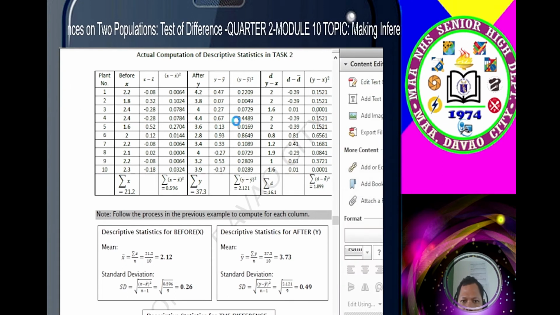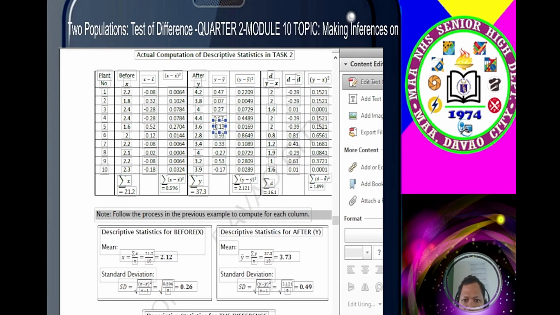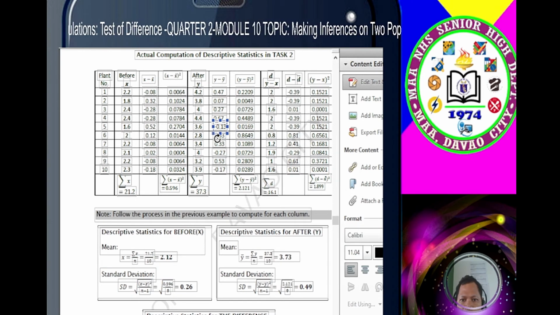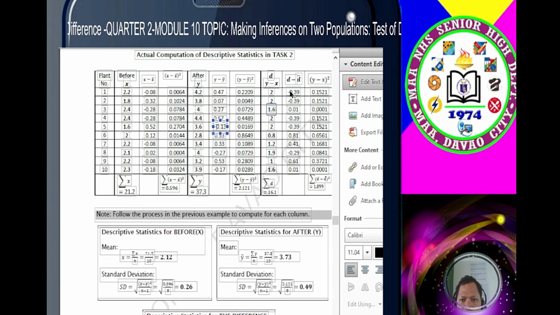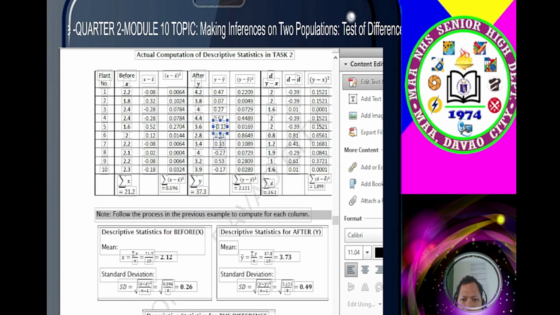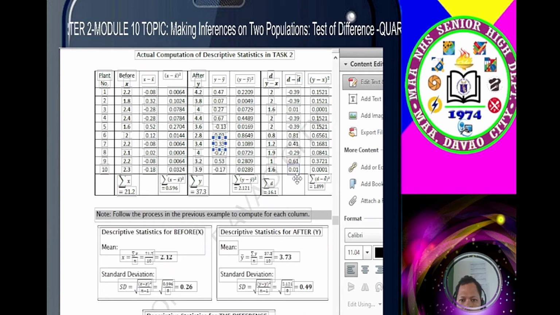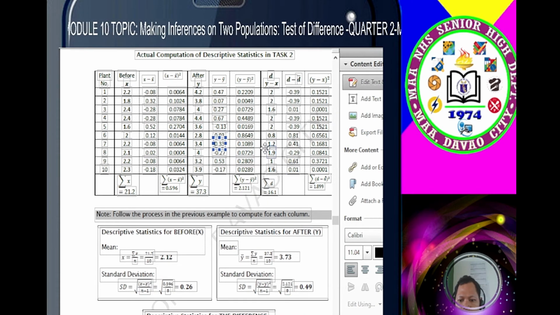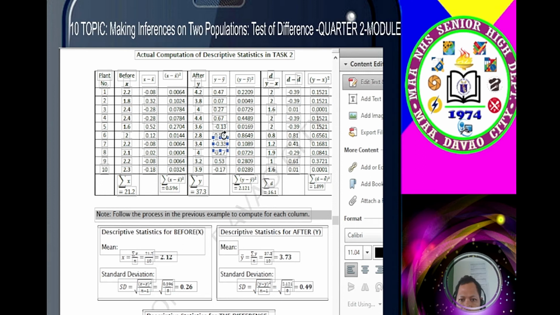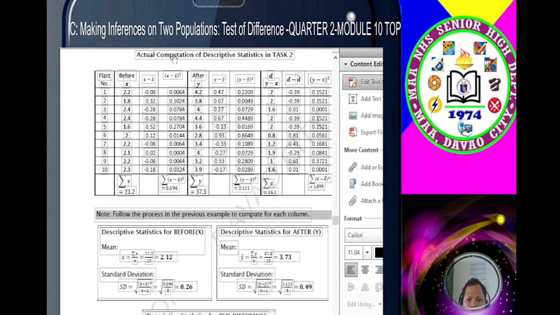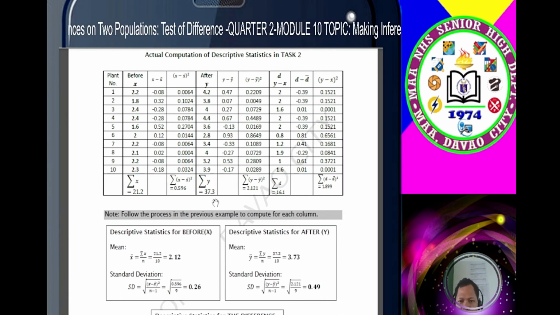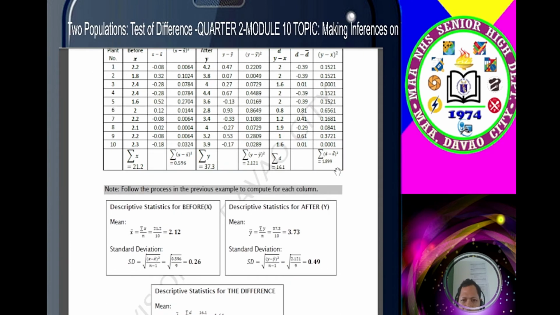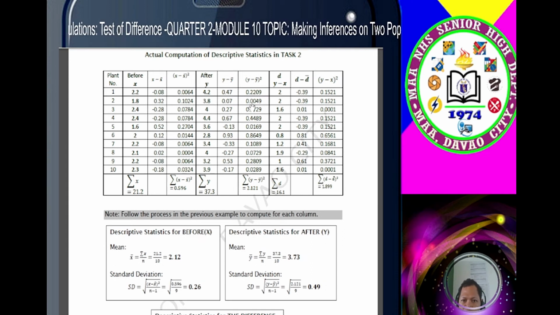Here, this is negative, and here it is negative. Just counter check. Just do the checking. Then you square the result.